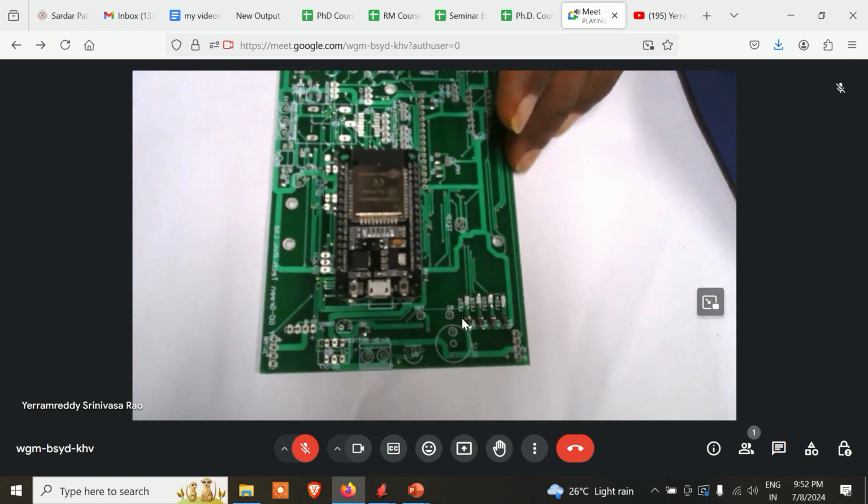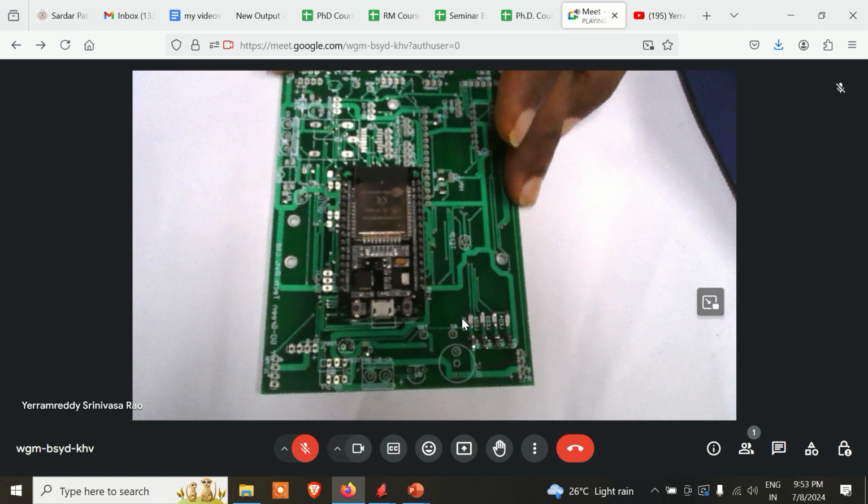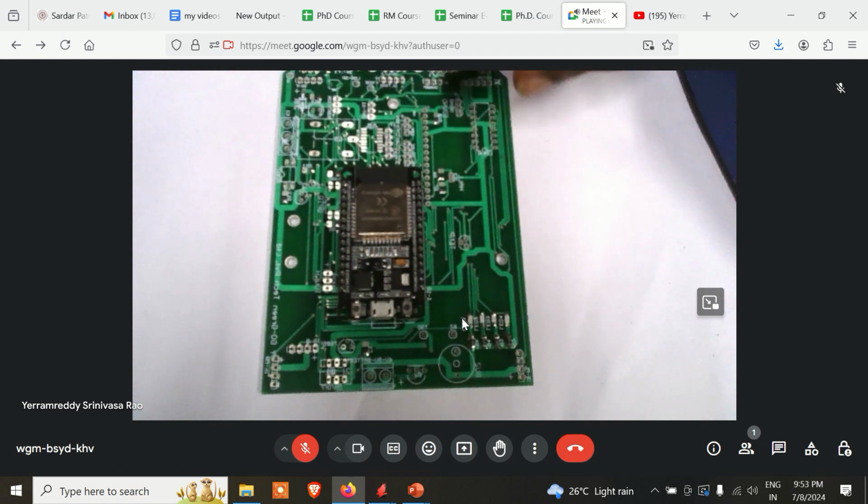Similarly, in the previous session, I have discussed inputs. So let us solder at least 3 more pins, so that in the next session we can think of writing a program for reading an input.